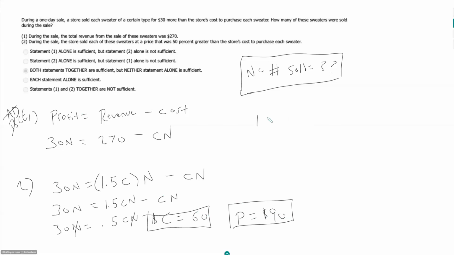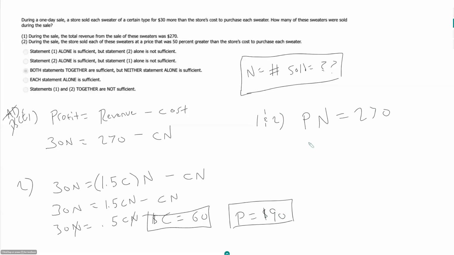So now together, what do we know? We can fill in this equation with what we figured out here. We know our price is $90 per sweater, and our price times our number sold should be equal to 270.